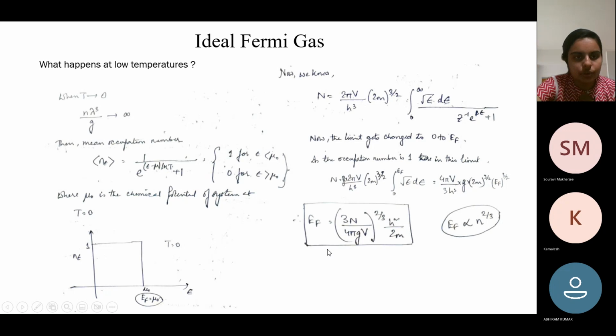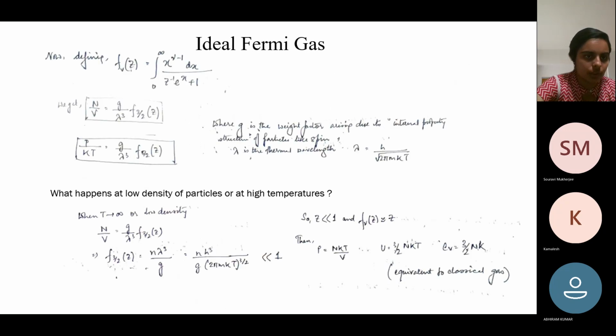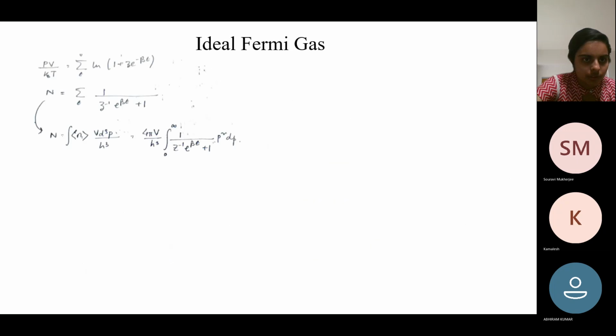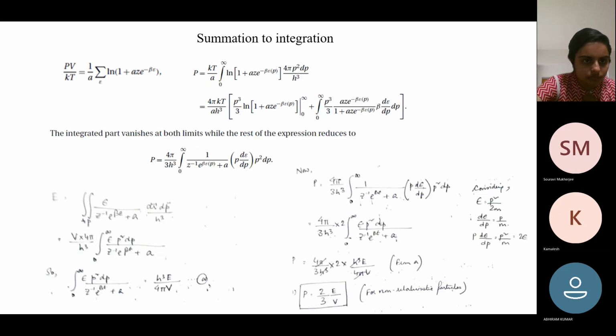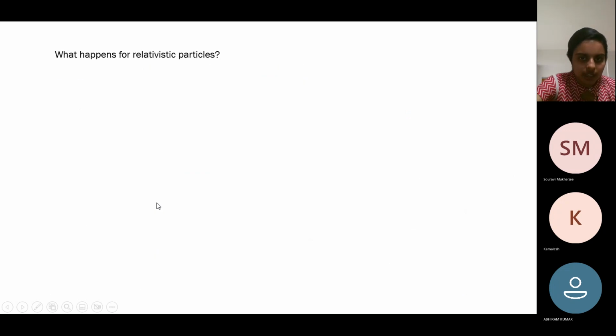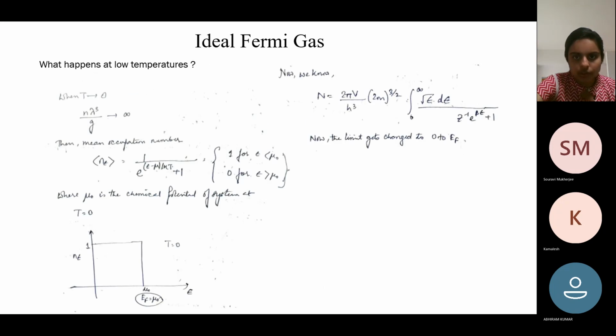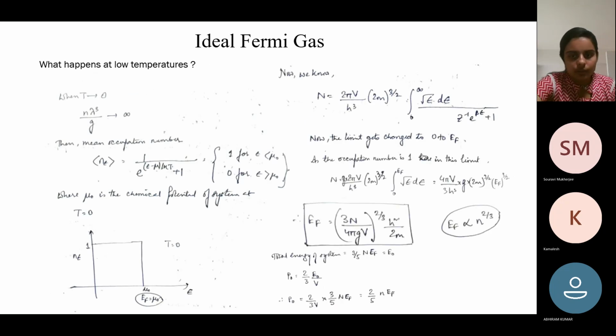Now, if you have to find the total energy, we saw that this was the normal expression. I did it somewhere. One second. Something like this. This is how you had done the expression for the total energy. Now, if you do this again, what you will get is that the total energy of the system can be written in terms of the Fermi energy as 3/5 N times the Fermi energy.